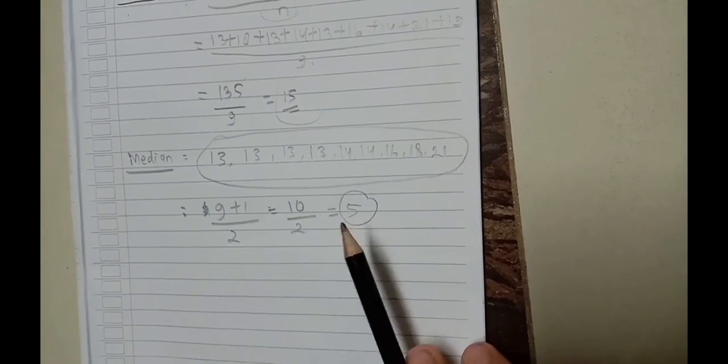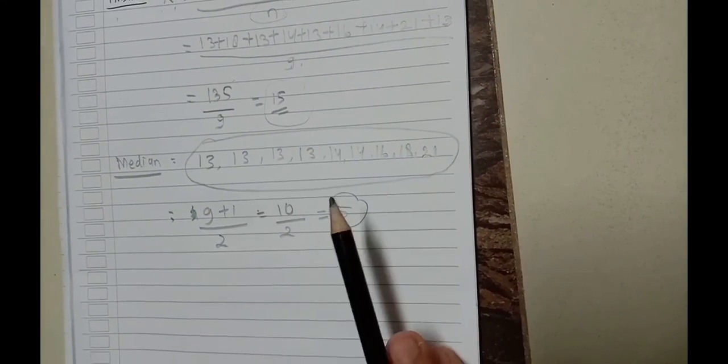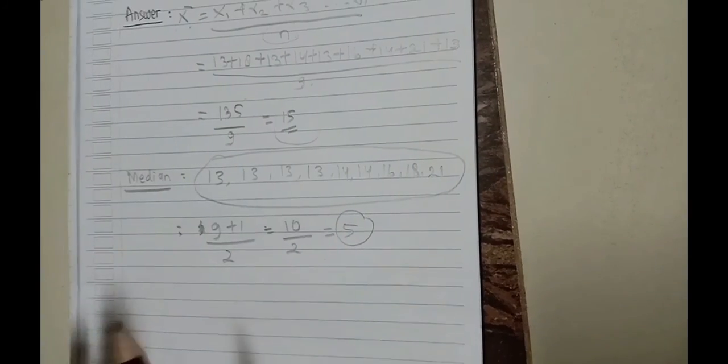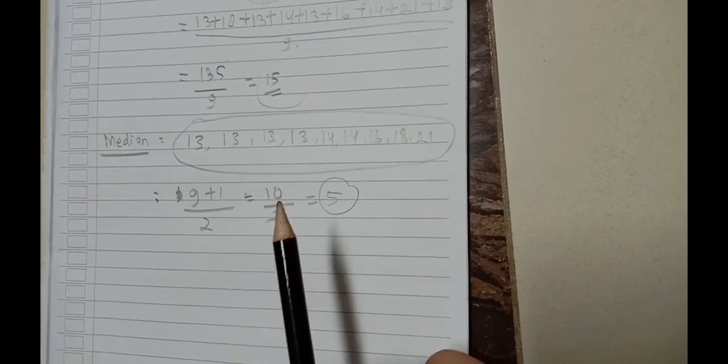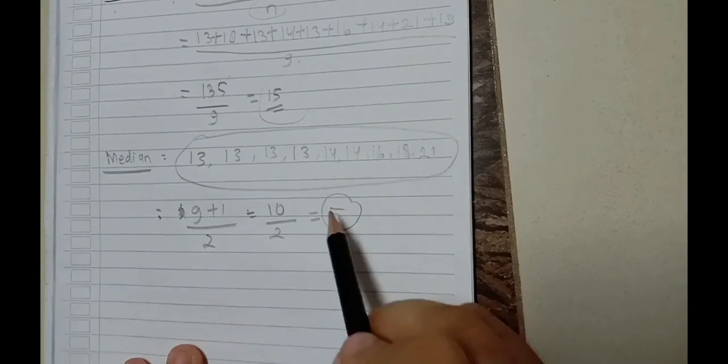This is not the median itself, but there are 9 numbers in the list, so the middle one will be the 5th.